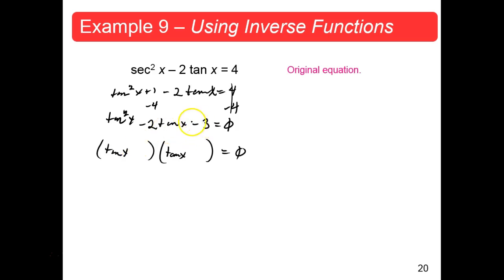Where do we look to determine? The sign of the last term is negative, so that means these two have to be, nope. If they're both negative, that would be a plus. Right?